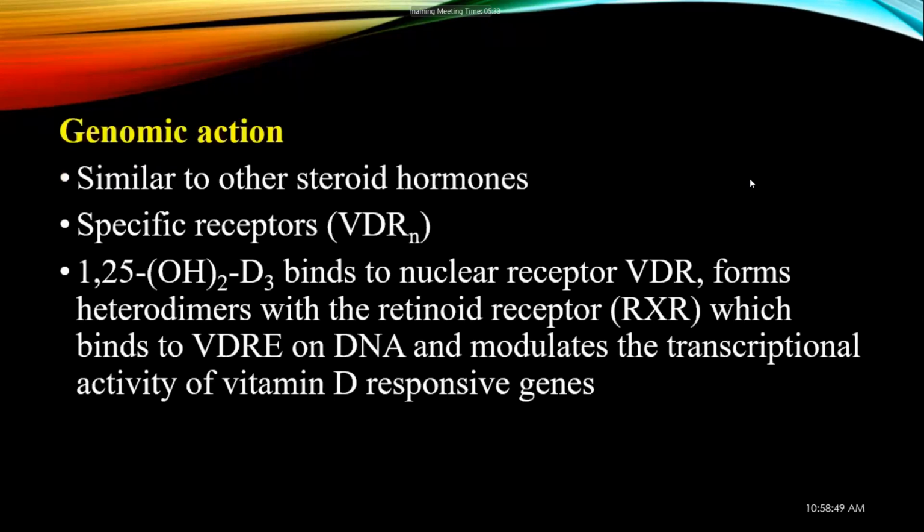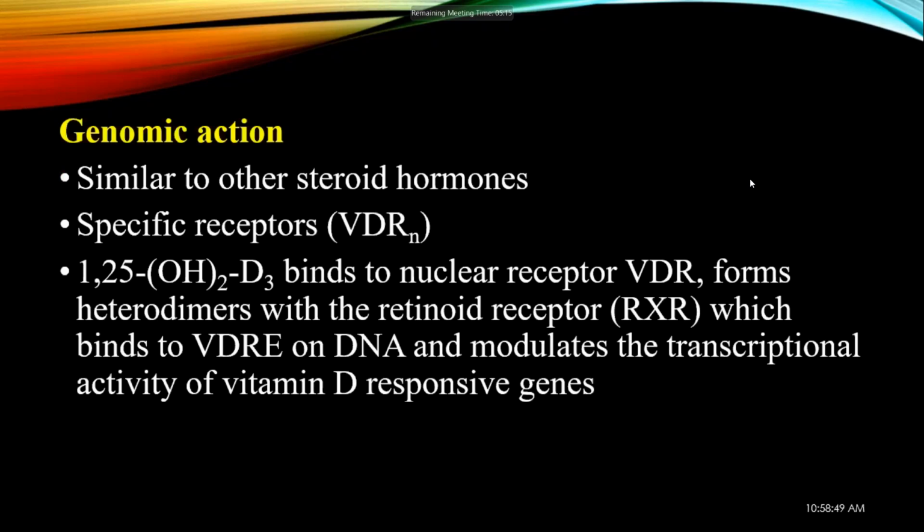So genomic action is similar to that of other steroid hormones. In the nucleus of the cell, there are specific receptors for vitamin D. So vitamin D receptors are present in the nucleus.